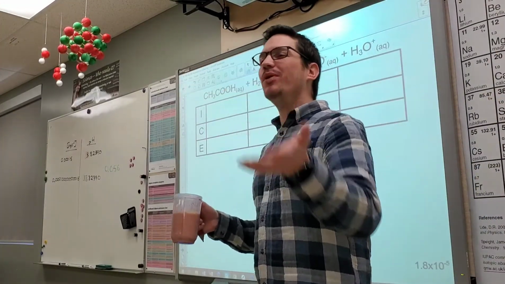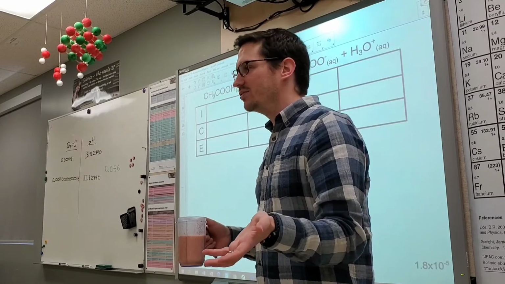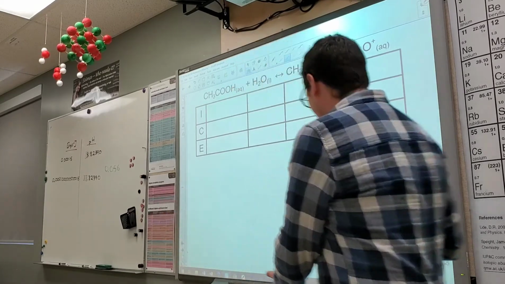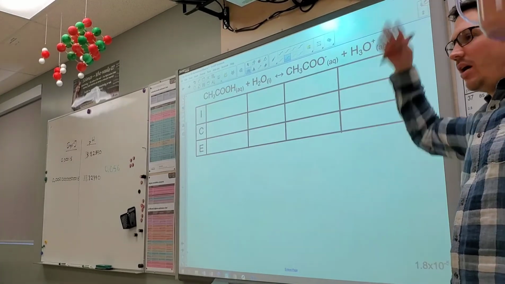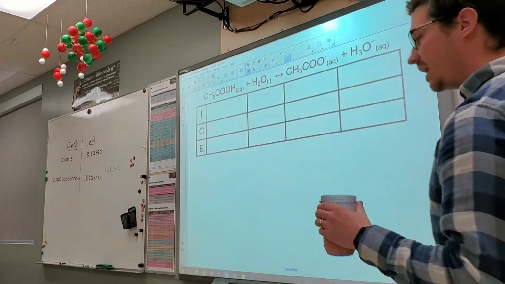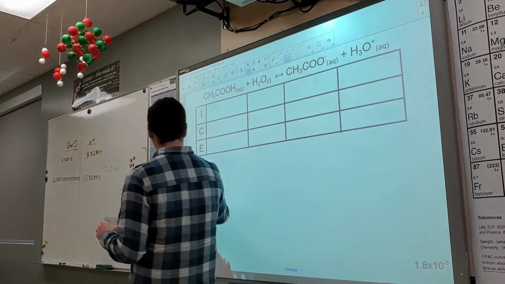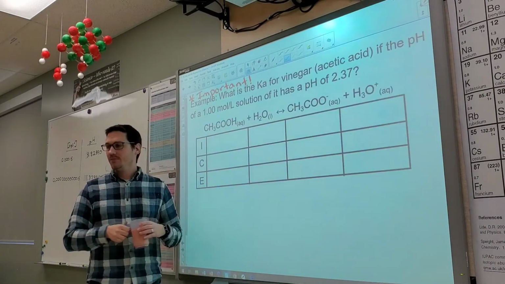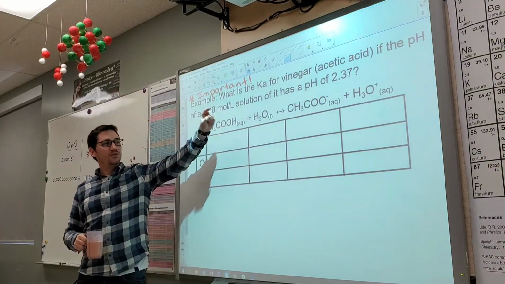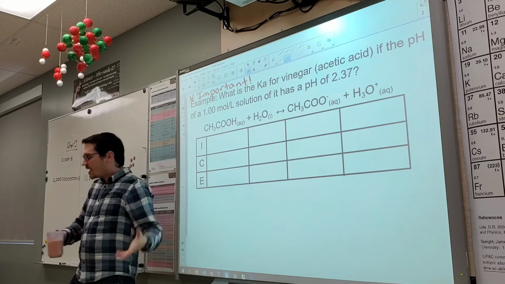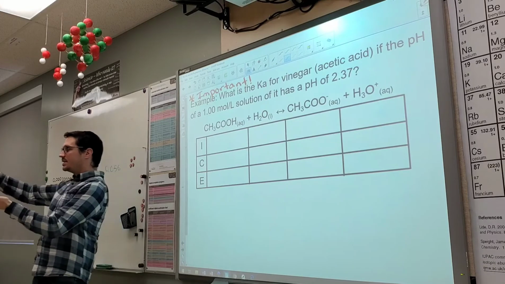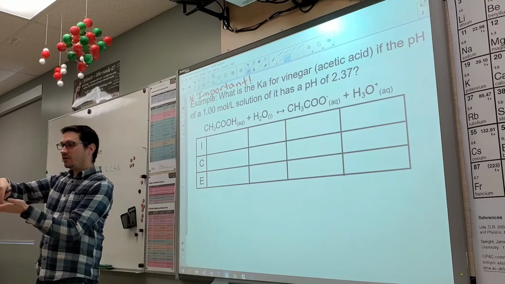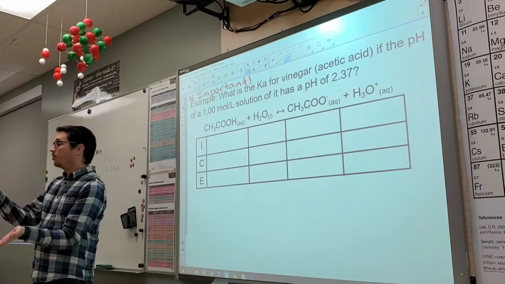Well, how do people measure the Ka of a solution? How do people know that? Did we just get handed that information by some omnipotent being? No, we figured that out, and here's how. We made a 1 mole per liter solution of acetic acid. That should be pretty easy to do in a lab. You add enough acetic acid into water to make 1 mole per liter.